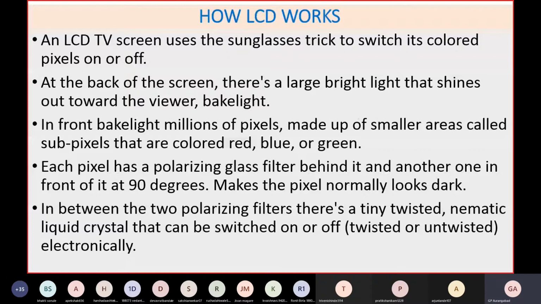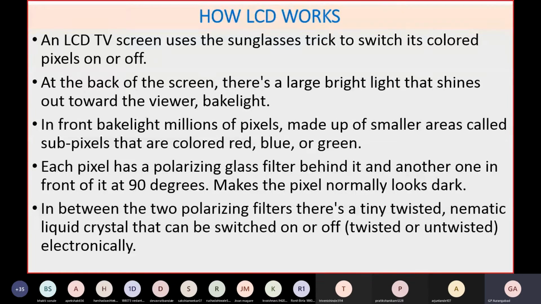In between the two polarizing filters, there is a tiny twisted nematic liquid crystal that can be twisted or untwisted electronically. In the normal state, LCD nematic displays are in the untwisted state.